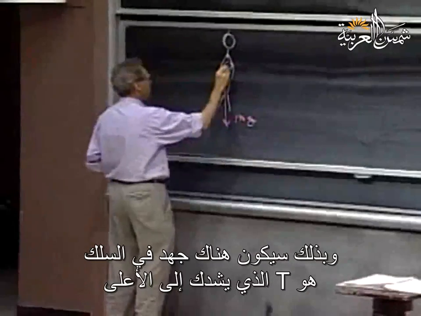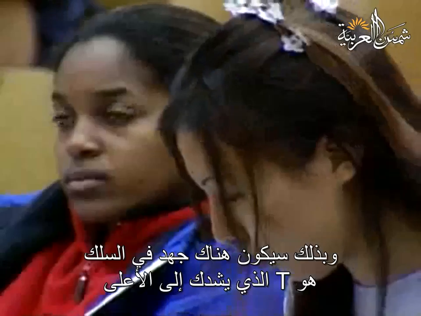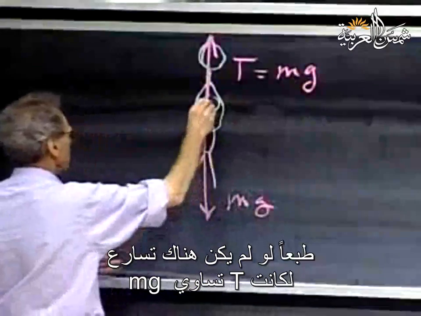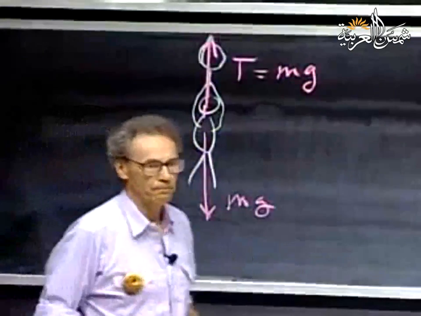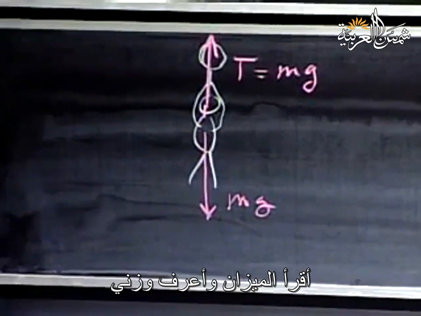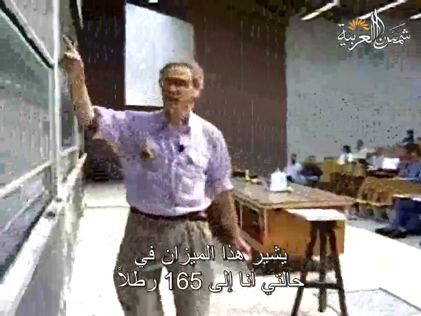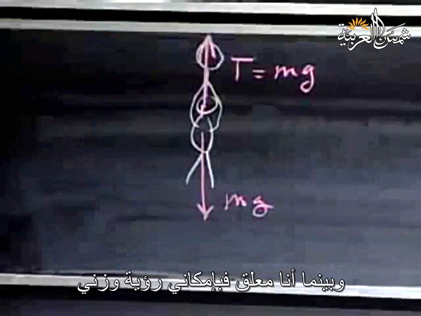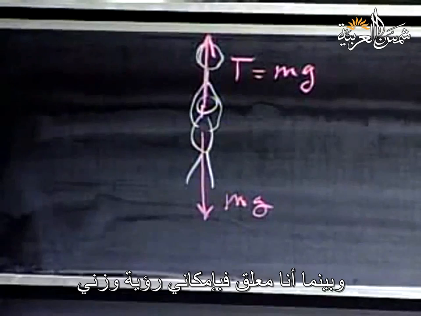And so there must be a tension T in this string, which is pulling you up, which, if there is no acceleration, must be mg. I read the scale, and I read my weight. This scale indicates, in my case, 165 pounds. While I'm hanging, I can see my weight.